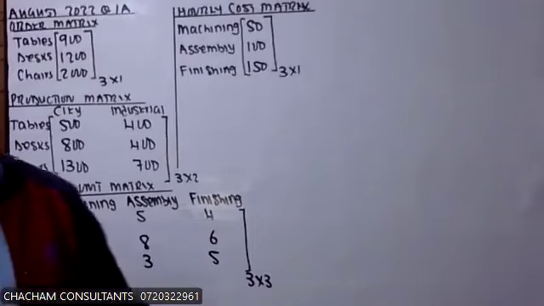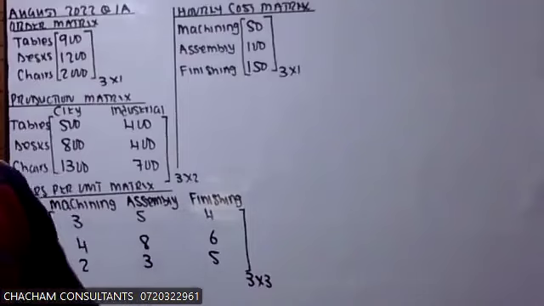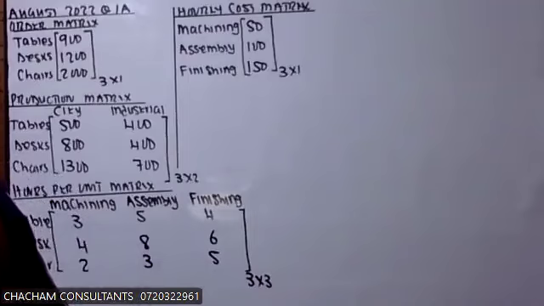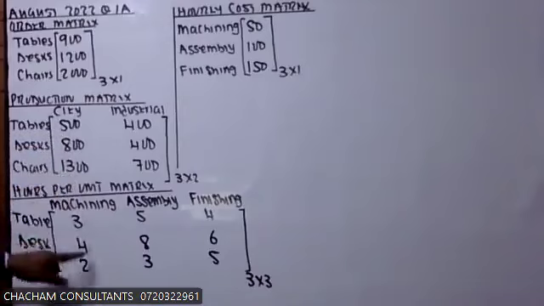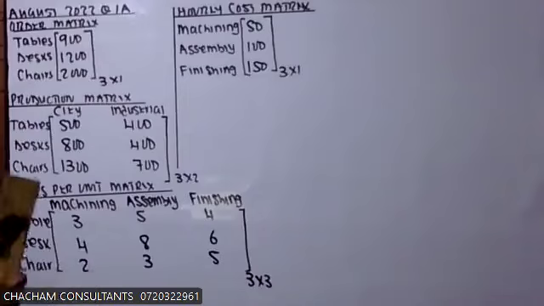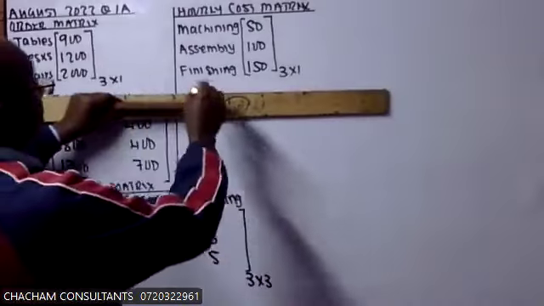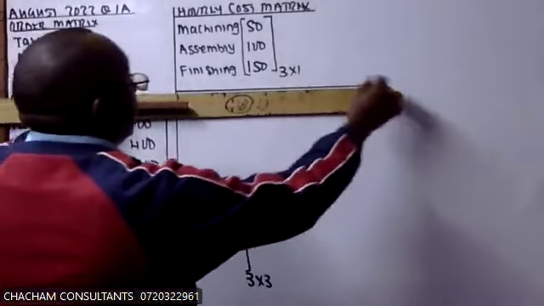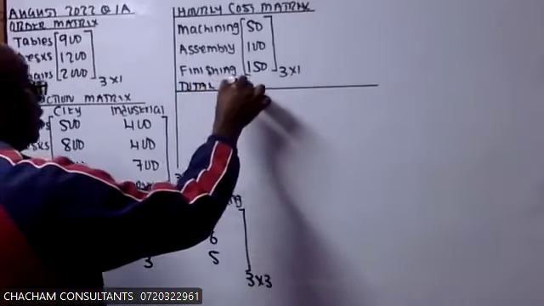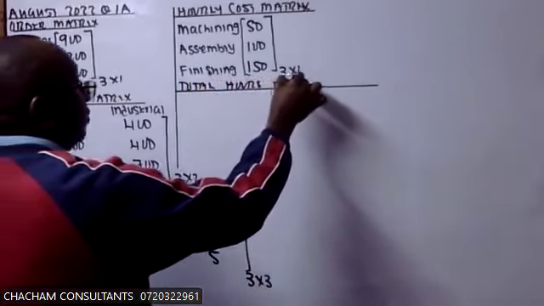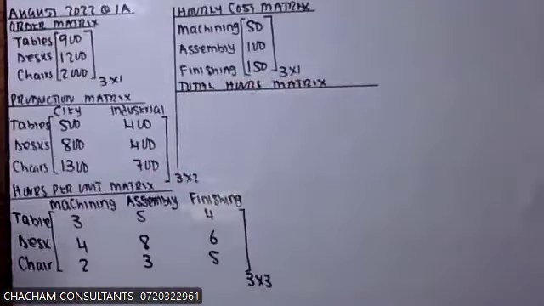So let's see how we will respond to the question. Calculate the total number of hours required at each branch. We will need to get these tables that will be made multiplied by these hours. So the total hours matrix.